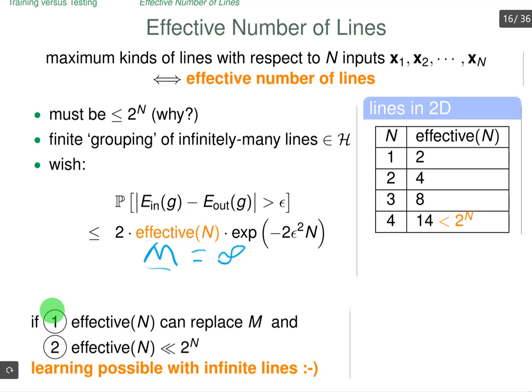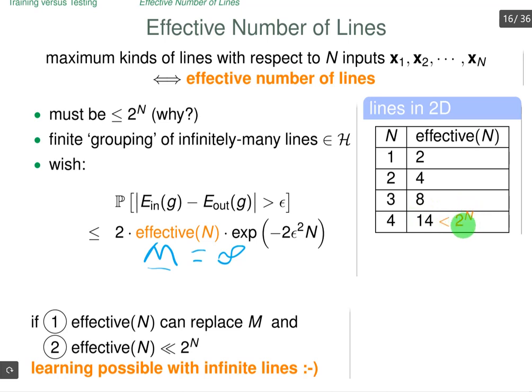If, first, the effective number of hypotheses can replace M, and second, the effective number is much less than 2 to the n, then we have good news: learning is possible with infinite hypotheses. In this case, for example, the effective number of hypotheses is less than the maximum possible. Why do we care?